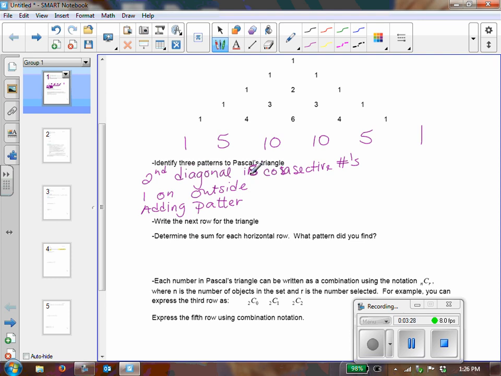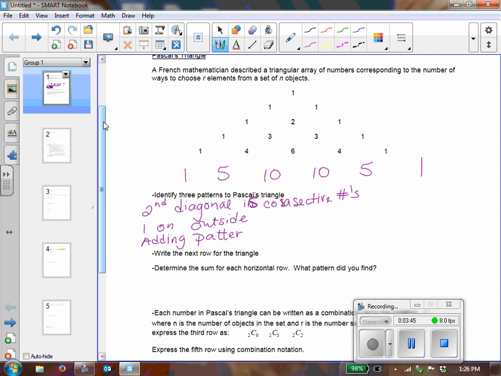Determine the sum for each horizontal row. What's the sum of the first row? 1. The sum of the second row is 2. Sum of the third row? 4.